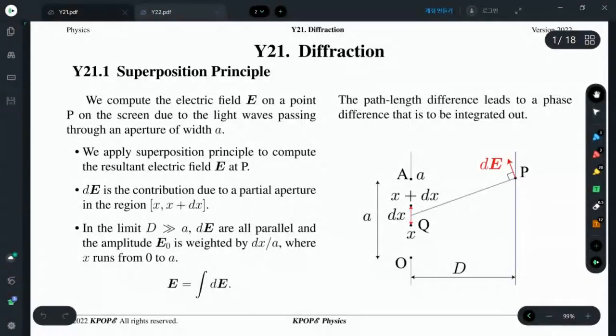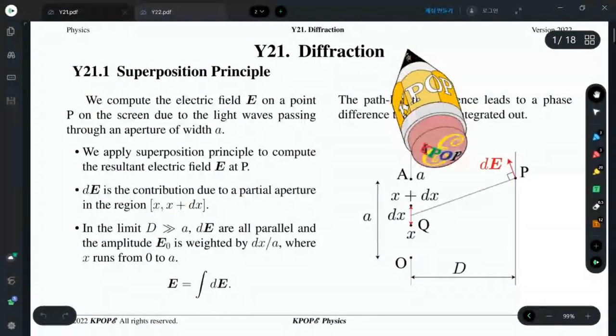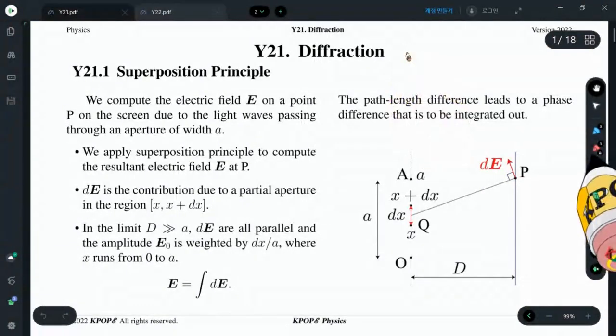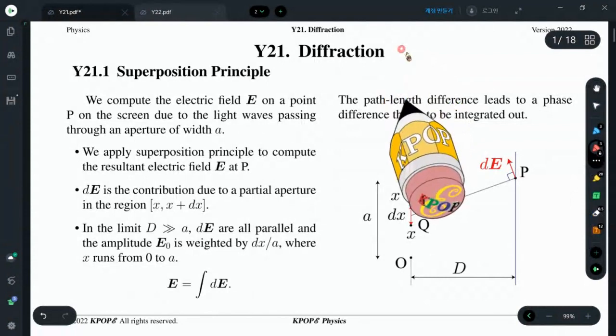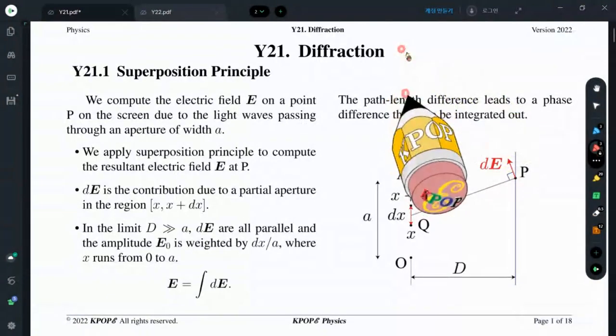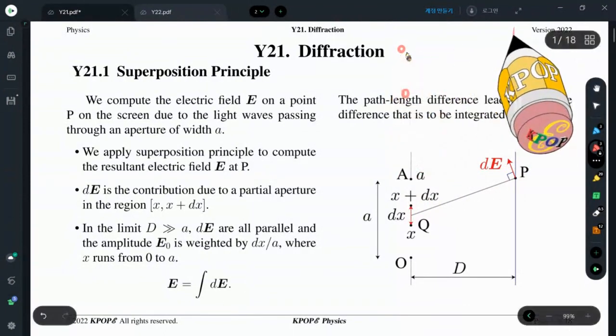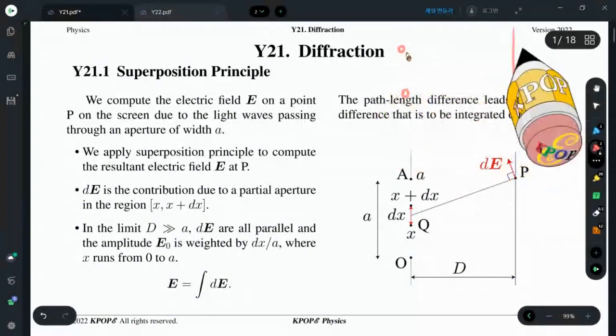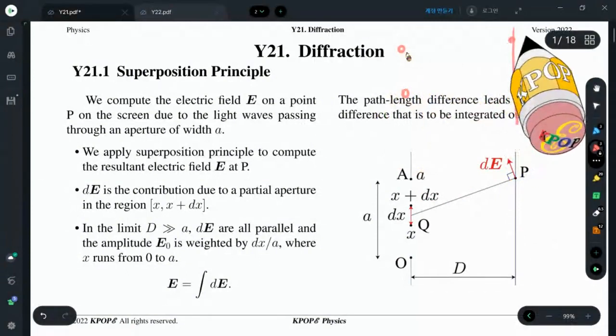Diffraction. In the previous class, we studied the interference due to two light sources passing through two tiny apertures when they arrive at a point on a screen.